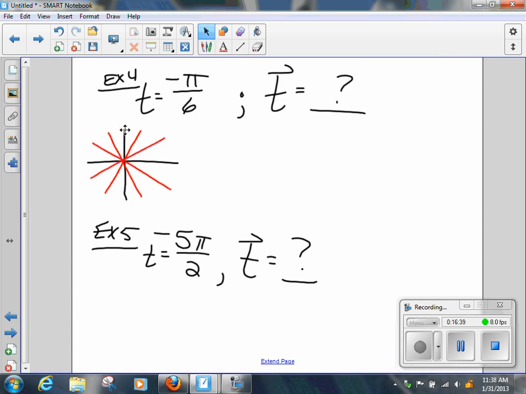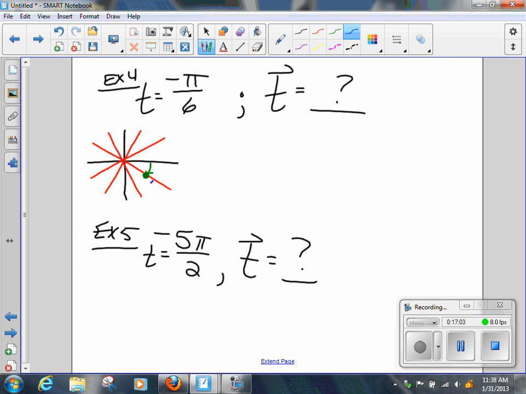Obviously, nothing is neat about this one. Thanks for nothing. Pi over 6, negative pi over 6. Rotate up or down? Down. There it is. There's the angle. Where's the shortest distance to the x-axis? The shortest distance to the x-axis.